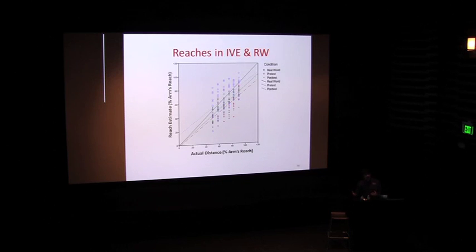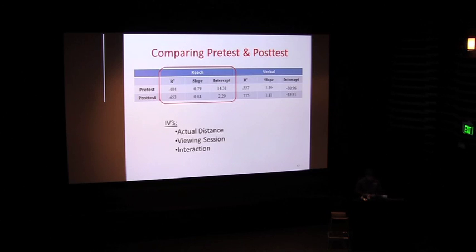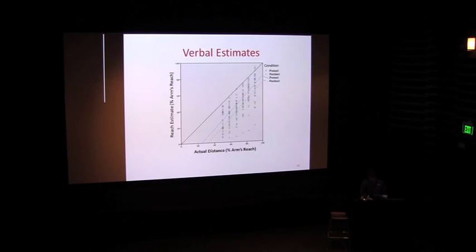R squared seems to have increased, slope seems to have changed, the intercept seems to have decreased closer to 0, but it's still a little bit further from the ideal profile that we'd like to see post-calibration. So here are the same numbers that I have described. These are the actual numbers and how, between the pre-test, pre-calibration, and post-calibration, here's the change in R squared, the change in slope, and the intercepts as they changed closer to 0.